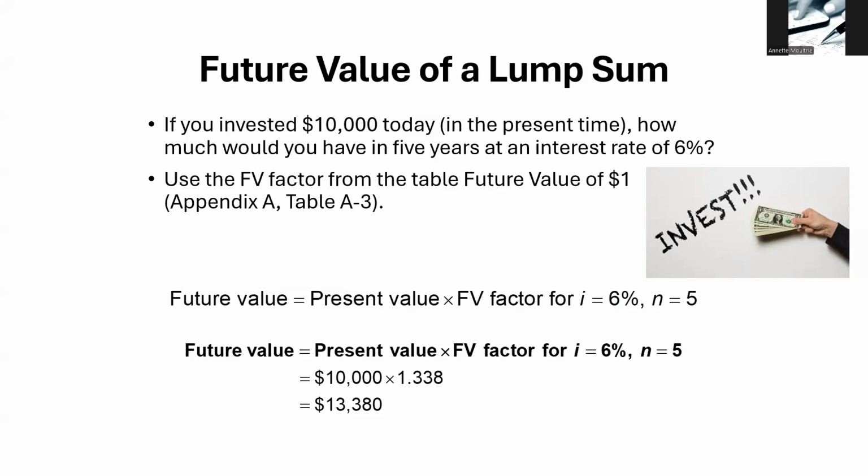If you look down the 6% column and across the 5 periods row, you'll find the future value factor, which should be 1.338. So the future value is equal to the present value times the future value factor for i equals 6% and n equals 5. That would give you $13,380.